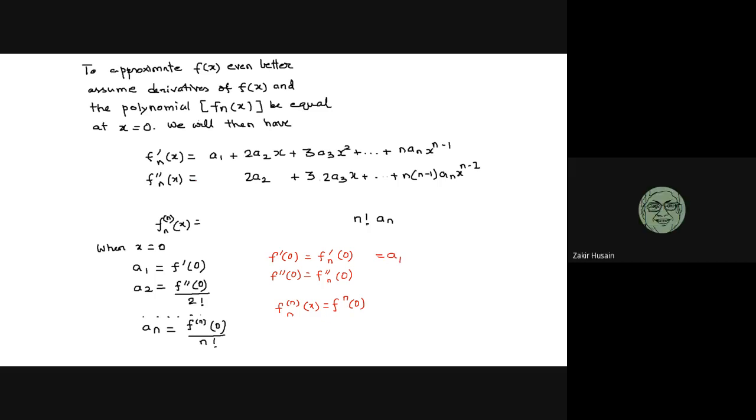Over here, the second derivative will be 2a2. And this will be n factorial times an. So a1 is equal to f prime 0. A2, what is a2 equal to?